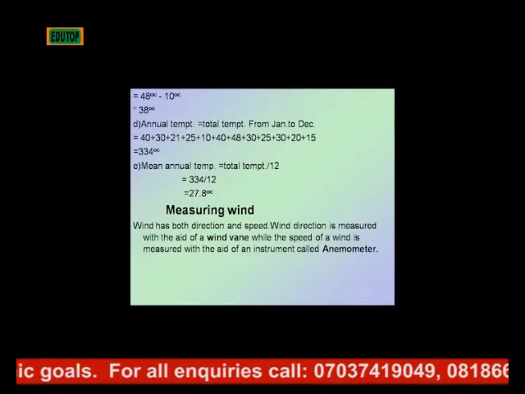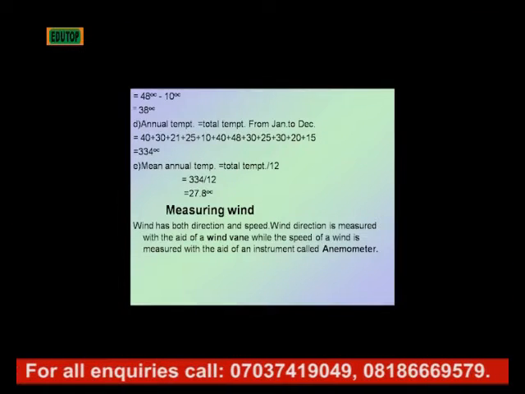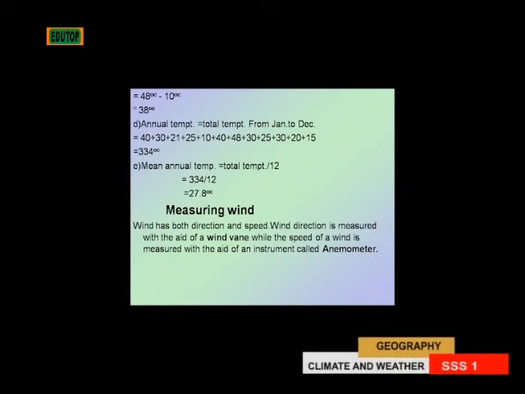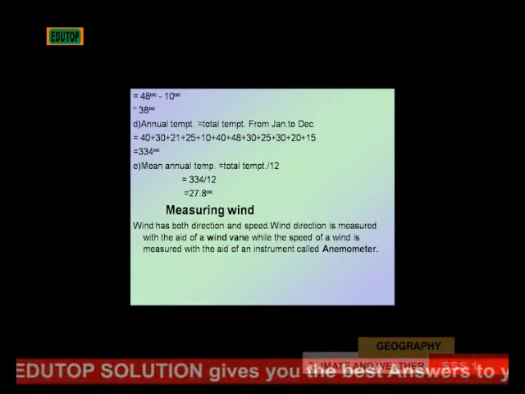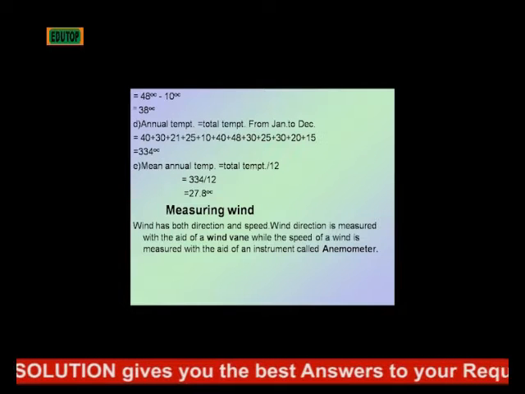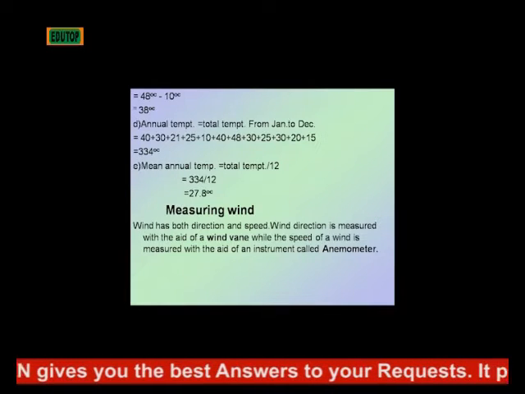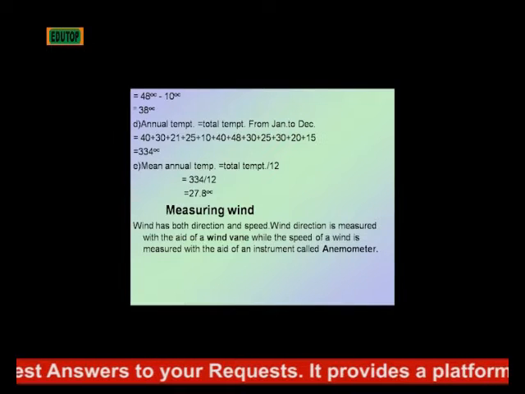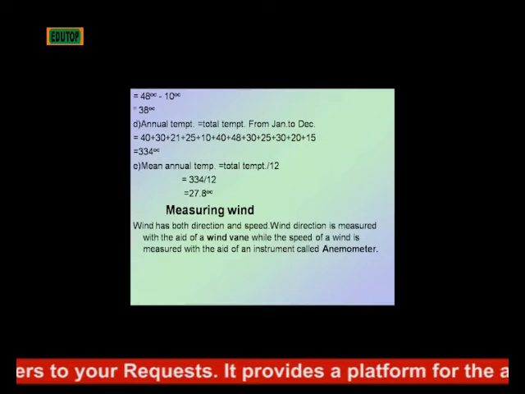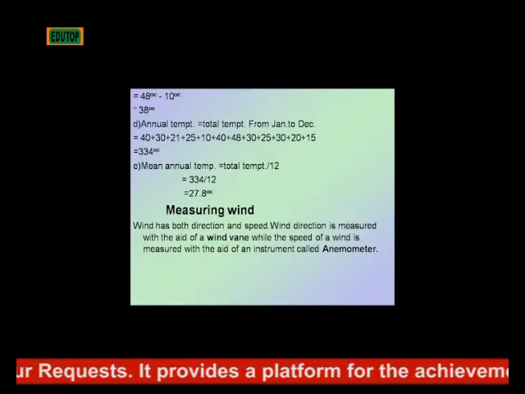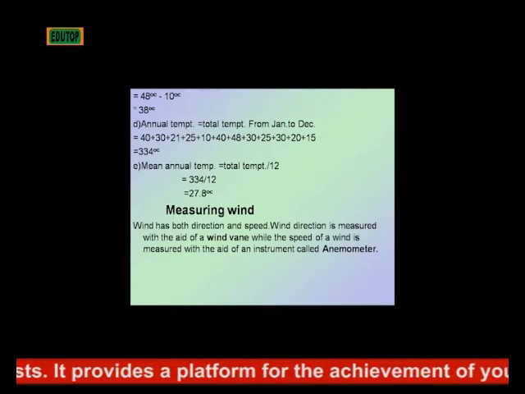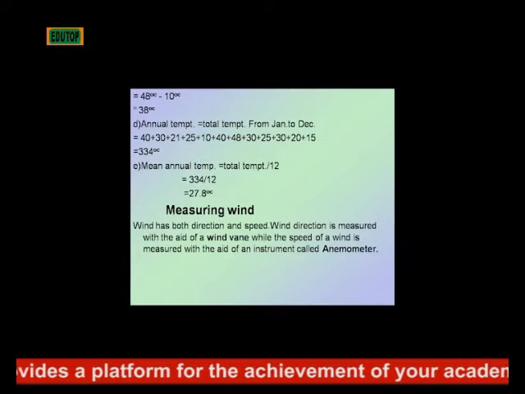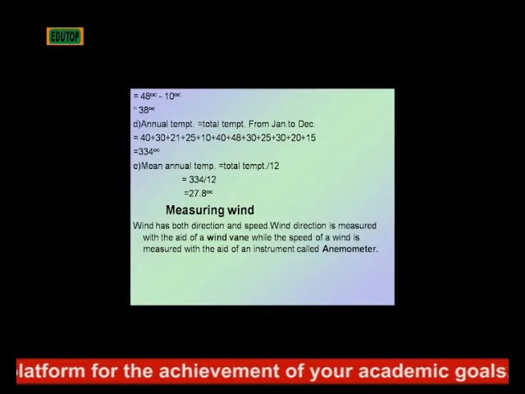Wind is air in motion, and it has both direction and speed. The wind direction is measured with an instrument called the wind vane, while the speed of the wind is measured with an instrument called anemometer.